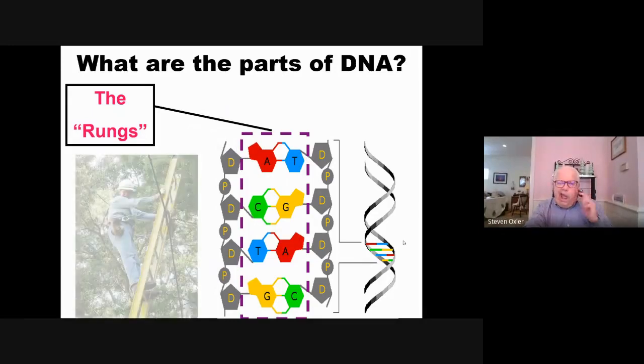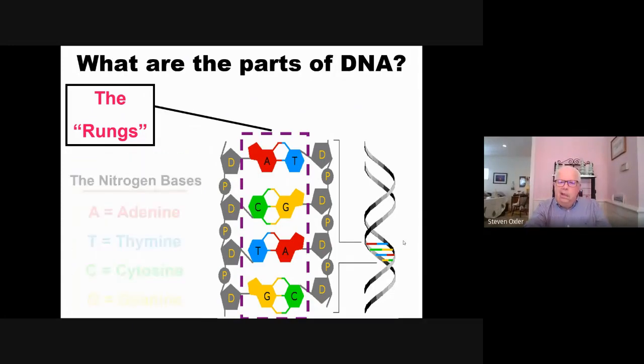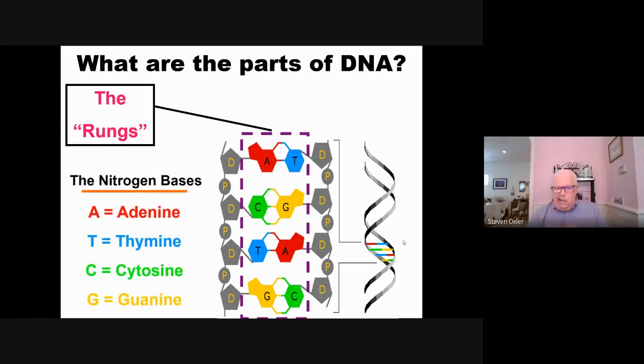And in DNA, those bases are adenine, thymine, cytosine, and guanine. And I want you to look because A and T are always together. C and G are always together. That is DNA.